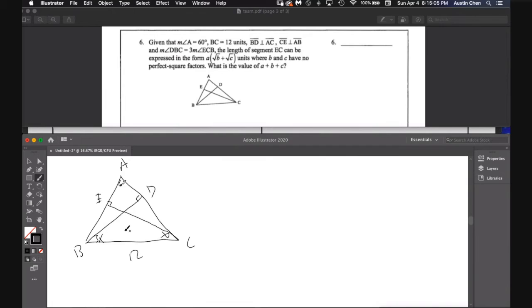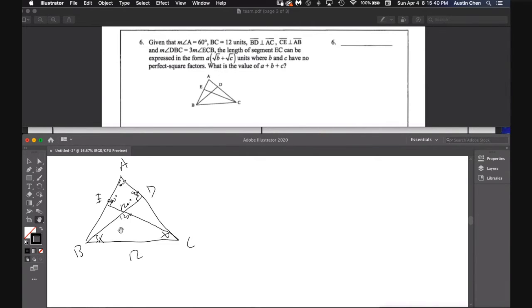So you can look at this for a bit, maybe think a bit on your own. But one thing to notice here is that in this quadrilateral right here, we have 3 of its 4 angles. So we can figure out its 4th angle just by simple geometry, right? This is 90 degrees, this is 90 degrees. A quadrilateral's internal angles add up to 360, so this angle has to be 120 degrees. And from vertical angles, this angle also has to be 120 degrees.